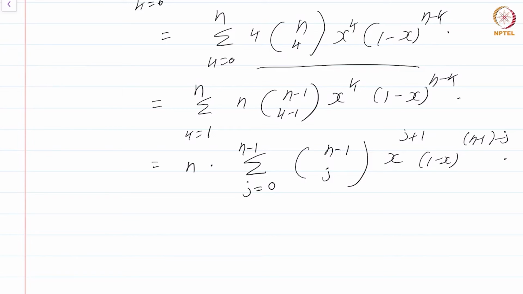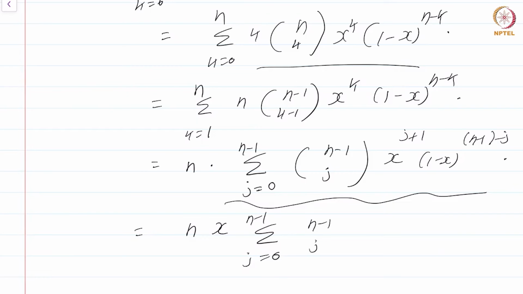Now look at this quantity, summation j equals 0 to n minus 1 of n minus 1 choose j x^(j plus 1) (1 minus x)^(n minus 1 minus j). We write this as n x times summation j equals 0 to n minus 1 of n minus 1 choose j x^j (1 minus x)^(n minus 1 minus j).